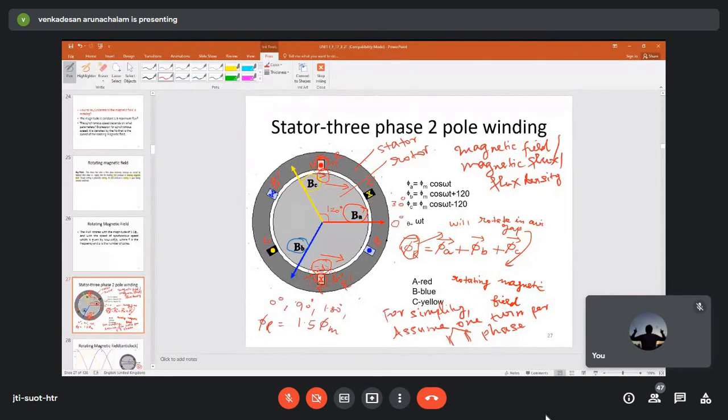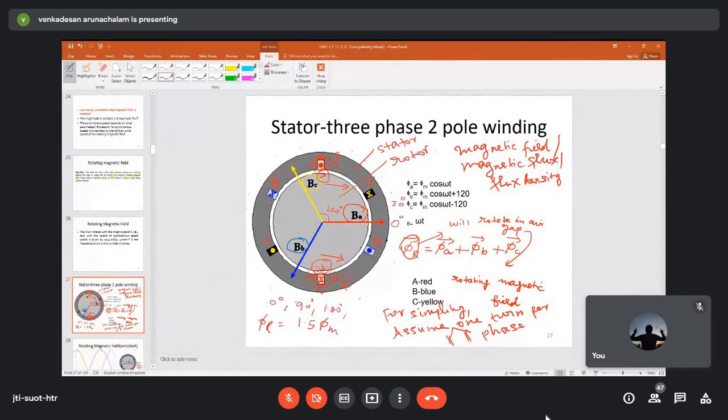So now we have to mark the direction of the magnetic flux or flux density produced by each phase. For example, you take R phase or A phase, anything you can take. That is shown in red color.